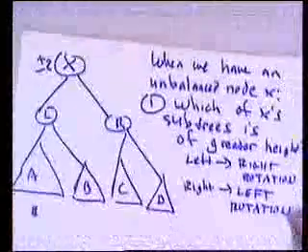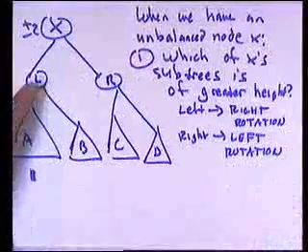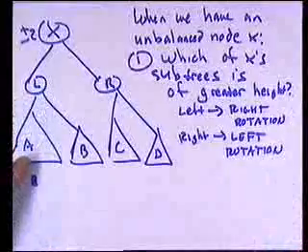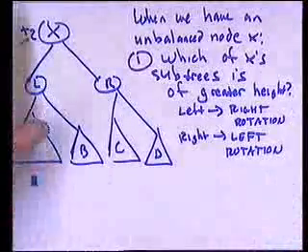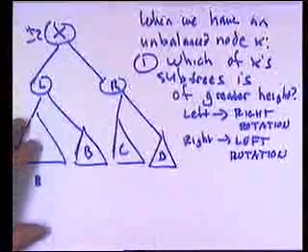Or in other words, going back to the picture, if the left side has more nodes and A has more nodes than B, then we can do a single rotation on X to fix that. And that was our first example, the single rotation example.